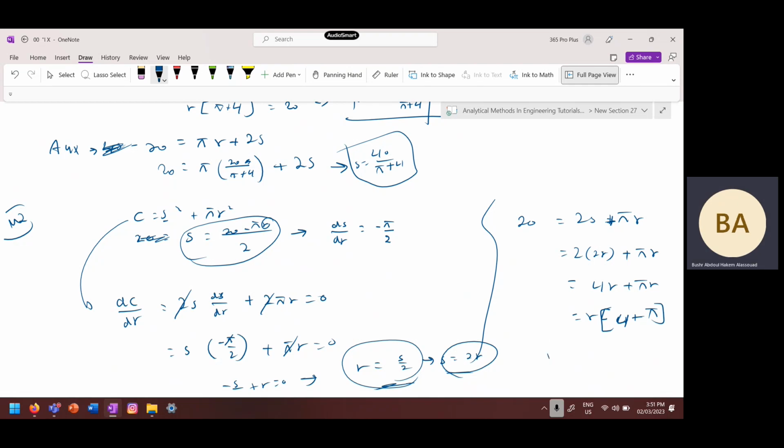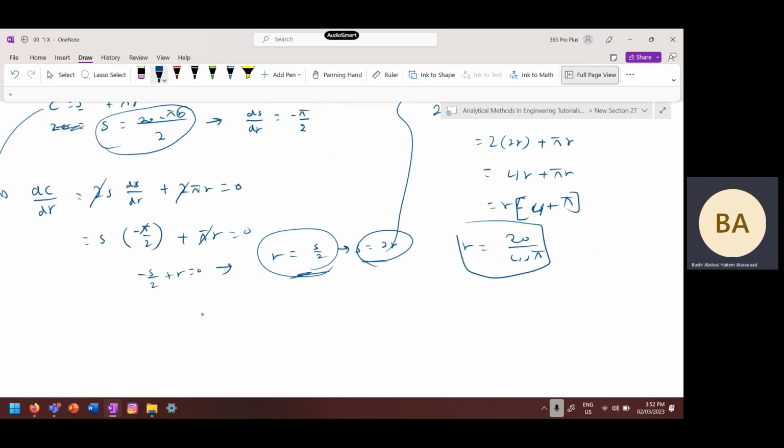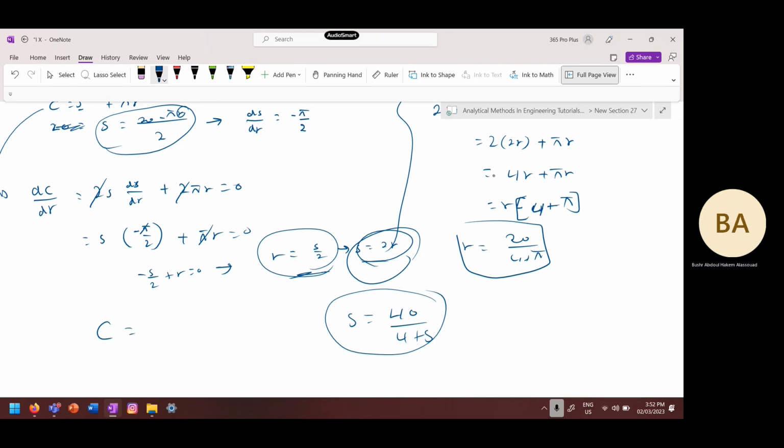Eventually, r is equal to 20 over 4 plus pi again. Now substitute this back and you will get the same value of s, which is s equal to 40 over 4 plus pi. Just substitute it back here. Yeah, you get this. Now again, as I said before, you need to find the new cost function with its actual values. Okay, that's our second method.